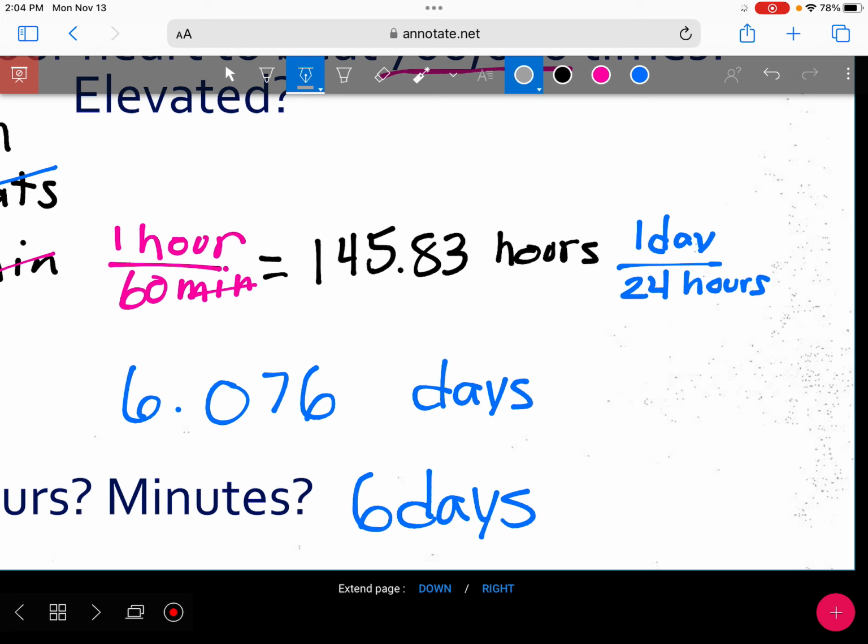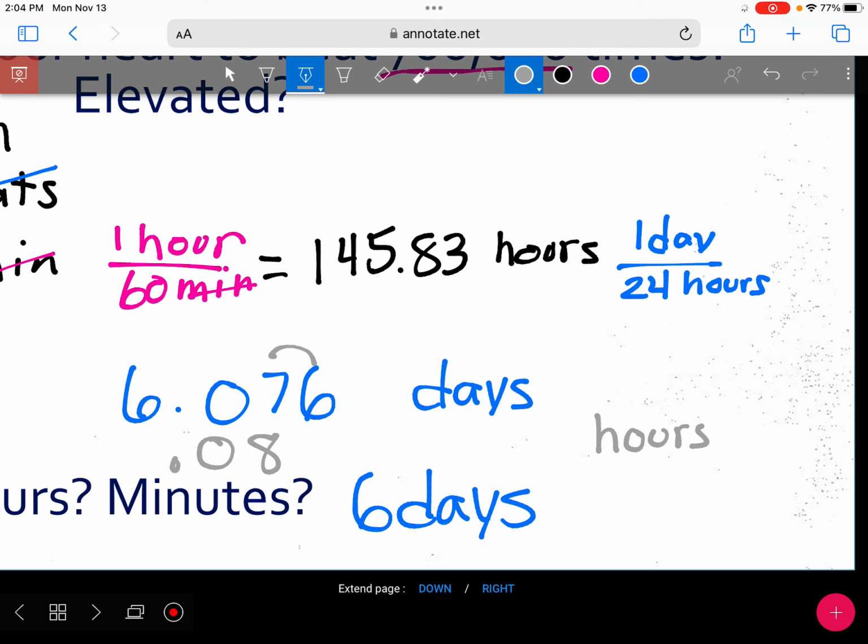How could I figure out how many hours in that remainder? So that's 0.08. We can do that. Still not going to change our situation here. How many hours is 0.08 of a day?